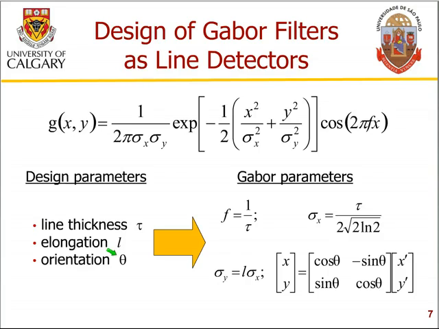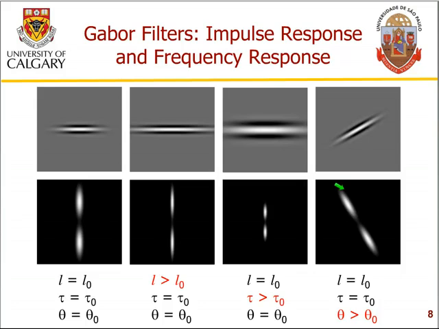So in this manner, the parameters that are specified by the user are converted to the Gabor filter parameters. And then to rotate, you apply a geometric transformation to each angle theta for which you want to apply the filter. In our study, we use a bank of 180 Gabor filters, one for each degree from 0 to 180 degrees.